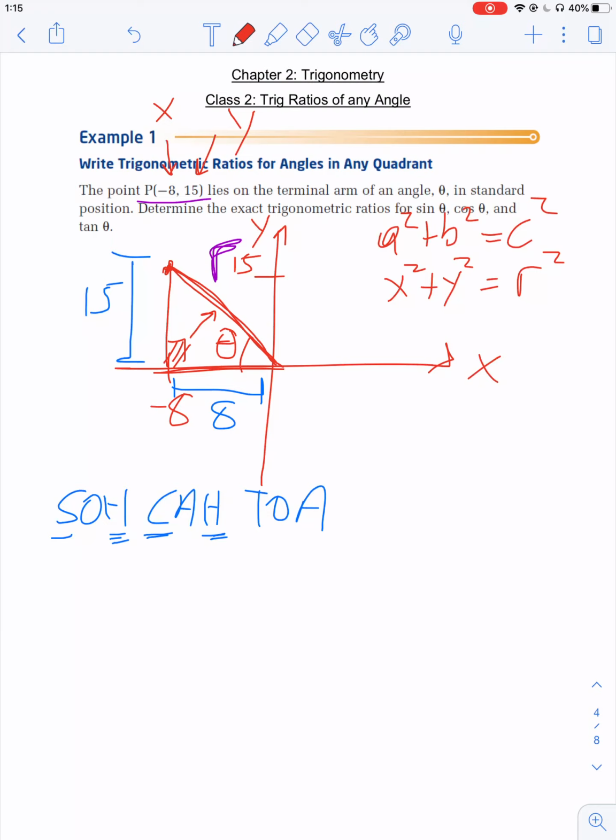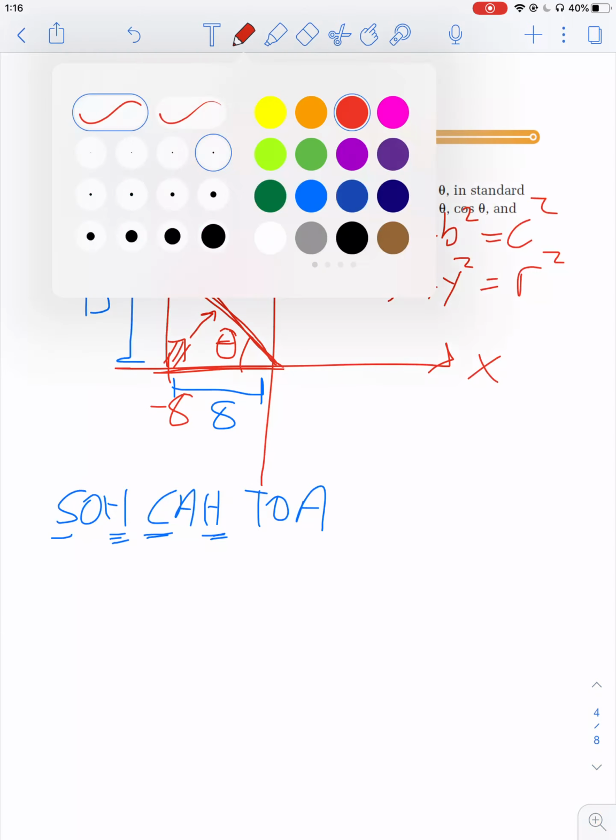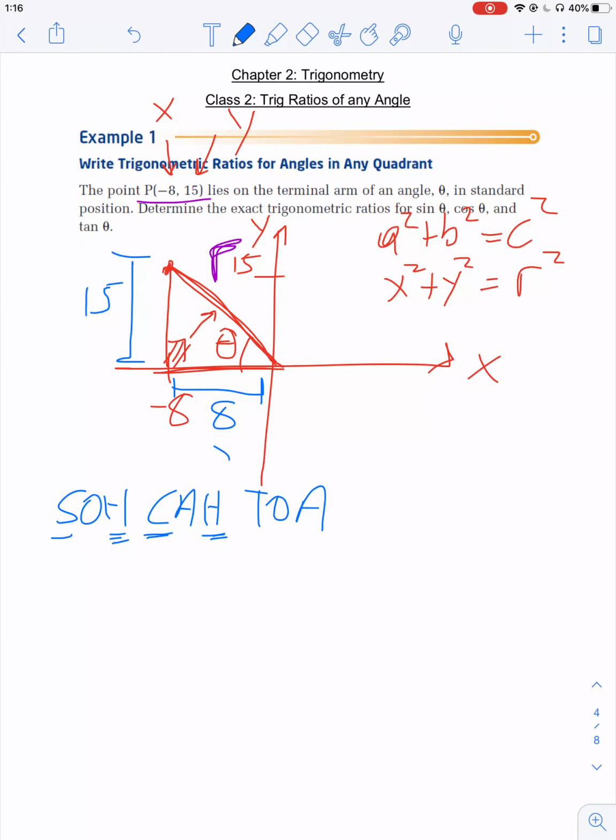I tend to use x squared plus y squared equals r squared, because it makes sense to me that this here is my x coordinate, and this is my y coordinate. I am looking at this triangle, but if it's confusing you, then don't do that.